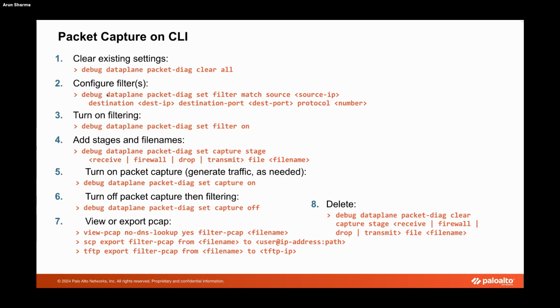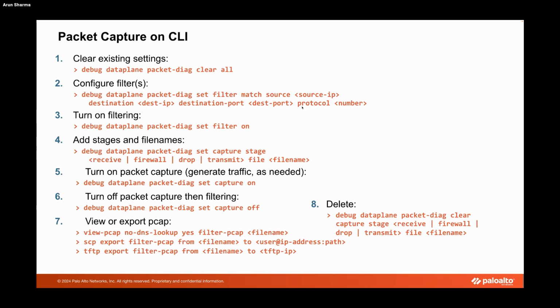There's a way we can configure these in the CLI, but I highly recommend you stick to the GUI, because in the GUI we can clearly see what we are actually defining. Over here, we can make mistakes, because these are the commands which show up when you use tab completion on your keyboard.